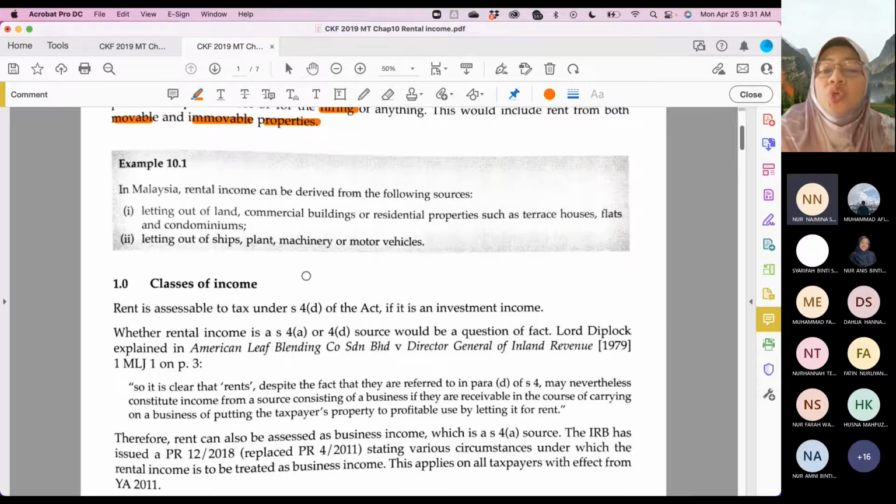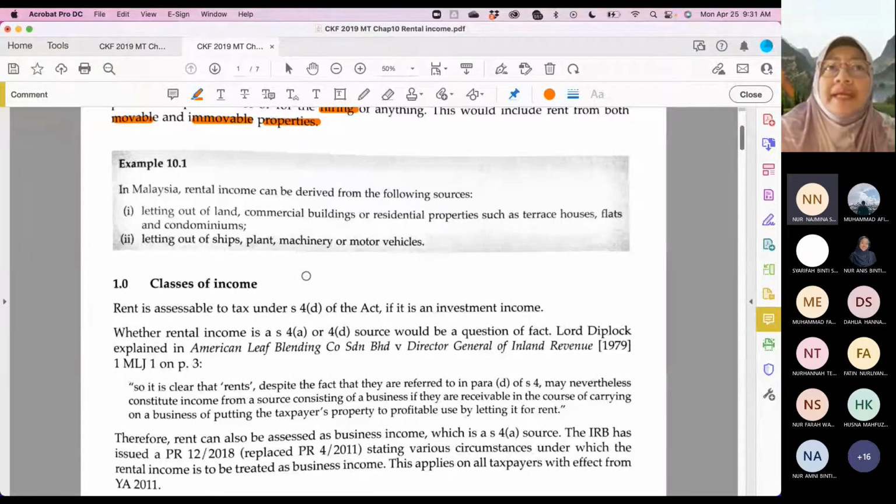You can also have a business where you give rental of plant or machinery. For that, what we receive is rental income. So remember that rental income is not only from premises, but also from plant and machinery, or even motor vehicles.